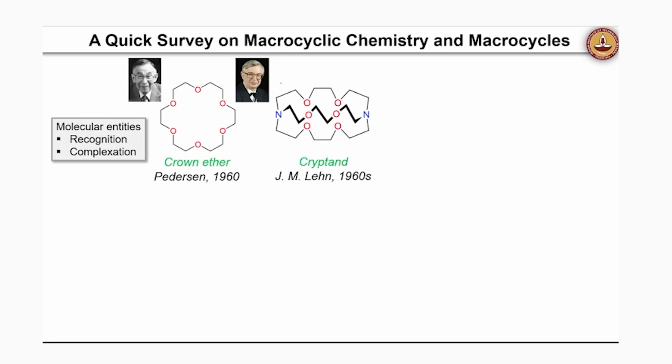The other Nobel laureate that you are seeing here is Jean-Marie Lehn, who shared the Nobel Prize with Pedersen, of course. What he did was he slightly modified the system. He put another anchor to the crown.